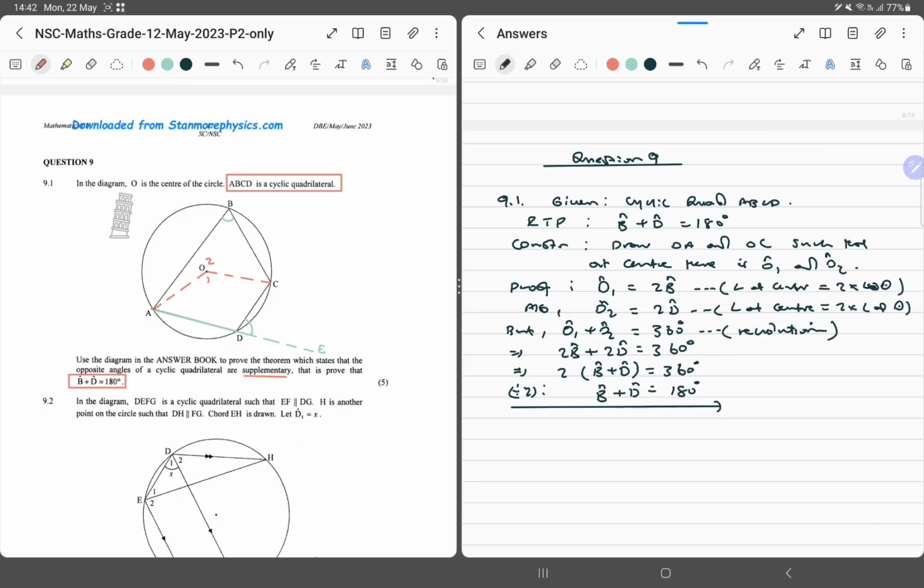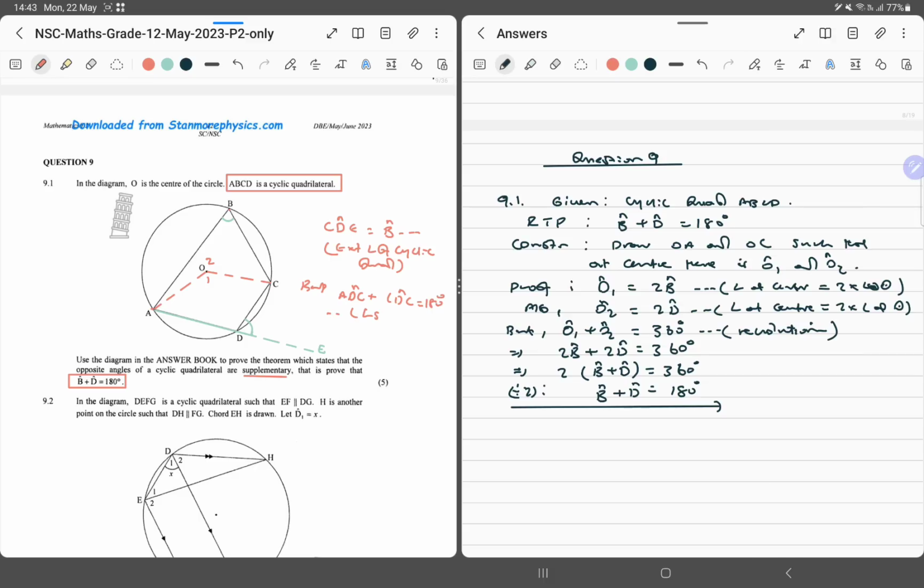So you can go about it the standard textbook way, or the special technique where you can just say angle CDE is equal to angle B. What would be the reason? This is the exterior angle of cyclic quad, because we were told that it is a cyclic quad. Then we have angle ADC plus angle CDE equal to 180.